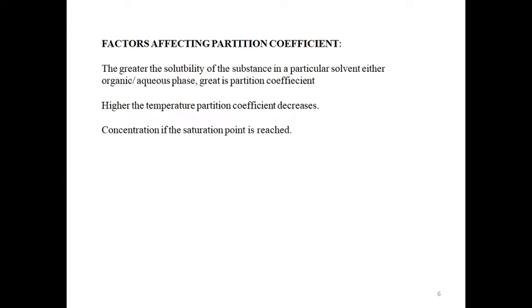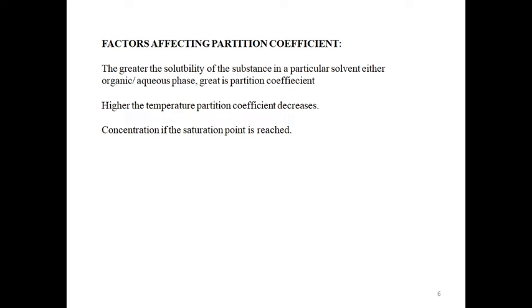There may be various factors affecting this partition coefficient. Basically, if there is a greater solubility of a substance in a particular solvent, either an organic phase like benzene and octanol, or an aqueous phase like water, the partition coefficient is greater. That means if benzene has more distribution of benzoic acid, obviously the distribution coefficient increases.